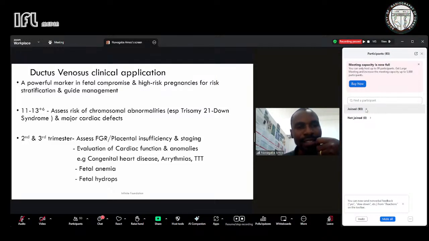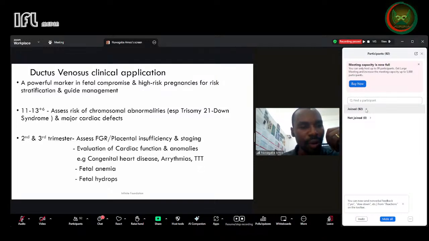Ductus venosus is a powerful marker in fetal compromise and high-risk pregnancies for risk stratification and for guiding management, especially when it comes to making a decision on when to deliver. Remember, we neither want to deliver too early, when you risk exposing the baby to other complications, nor too late, when adverse outcomes have already set in.